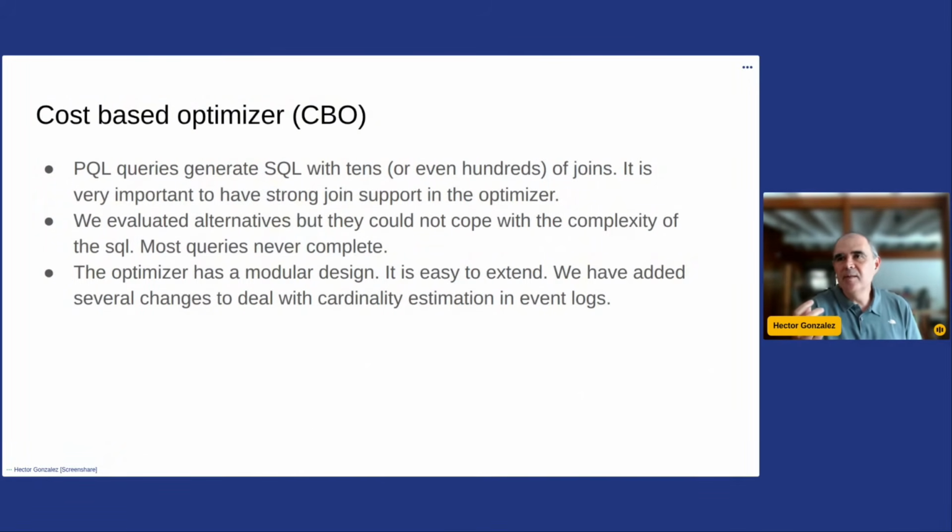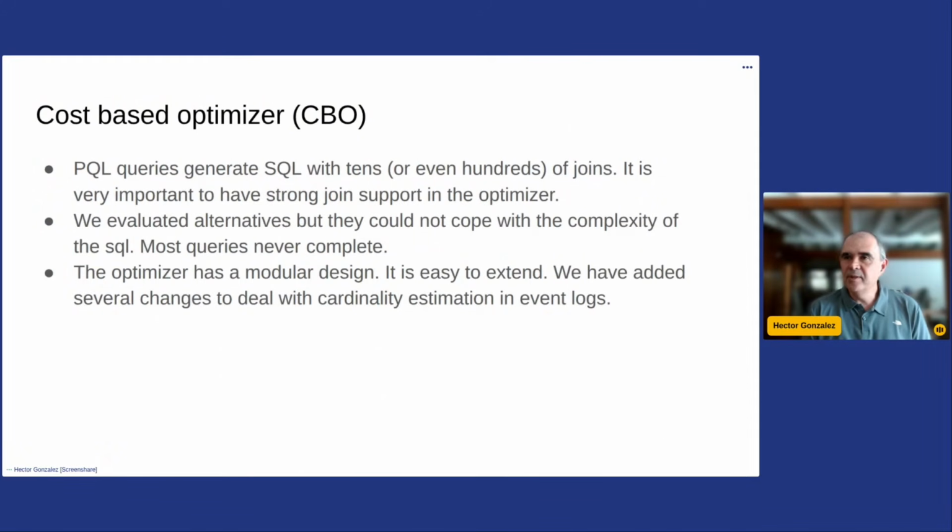In PQL, we can have queries that easily join 10 tables in a single query, because you don't need to specify any of the joins. You just define a query that lists a set of columns that you care about from different tables. We find the join path between the tables that appear in your query, and then we need to join all the tables in order to resolve the query. So the number of joins is high.